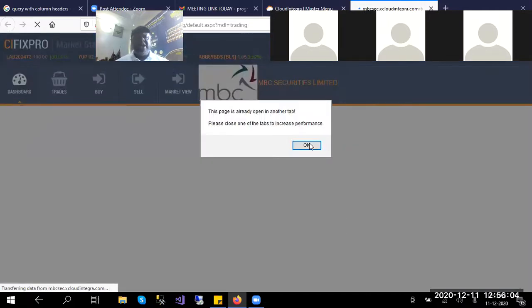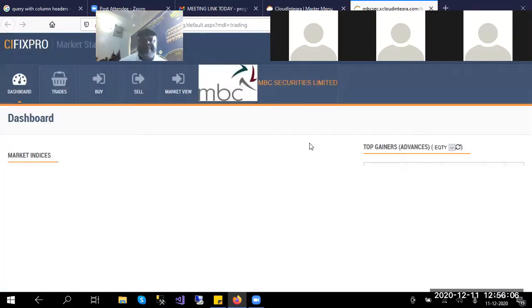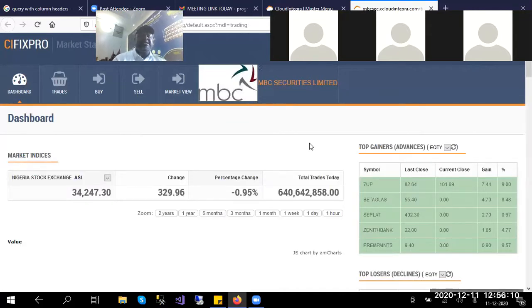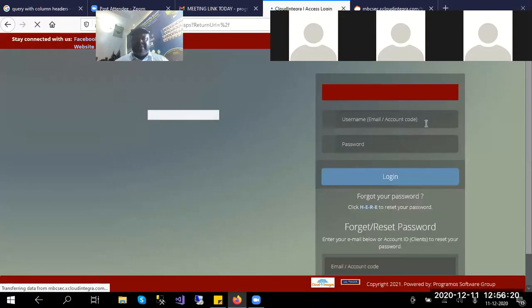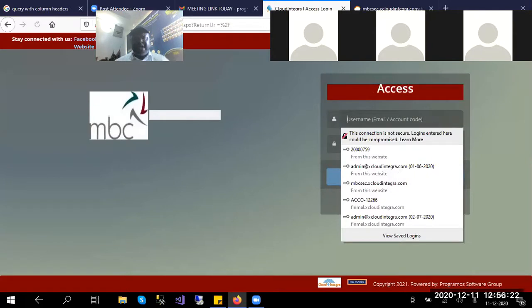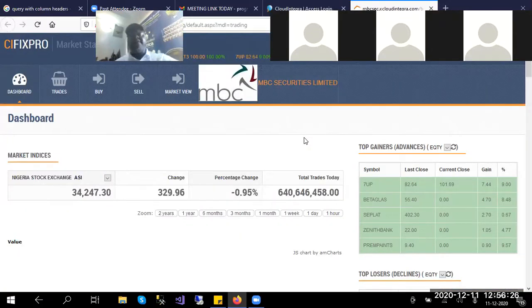I've just gone into the OMS environment now. The OMS environment simply takes you to where you can trade. Perhaps I may want to do something. Let me just log in as myself. What I did here was to log in as a broker or as a staff member, where I can see practically everything that is happening.